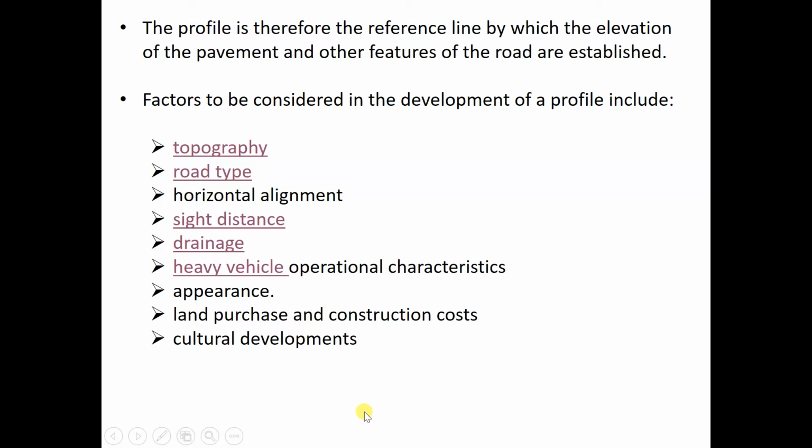We need to consider this aspect. It must be accessible, so people can go down. Even for a cemetery, you need to provide easy access to those sacred sites.